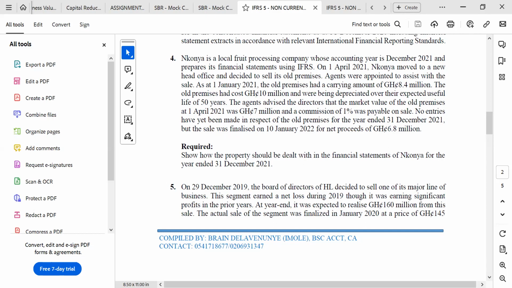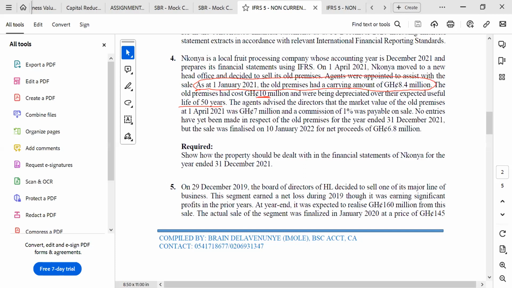Can we determine the carrying value? So you can see that at 1st January, they have given you 8.4 million as the carrying value, isn't it? Yes. They have also given you the cost of the assets and also the what?